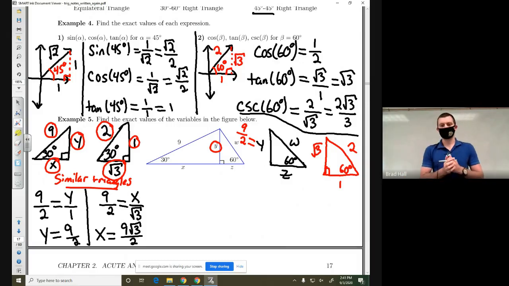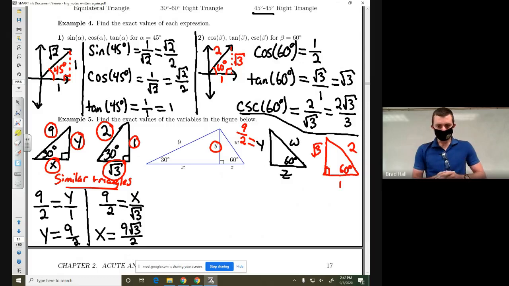Square root of 3 has to be across from 60, which means 1 would have to be across from 30, and then the hypotenuse is 2. And I got all of that from the special 30-60 triangle.